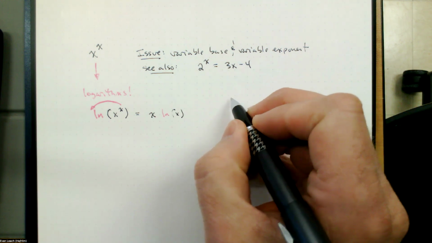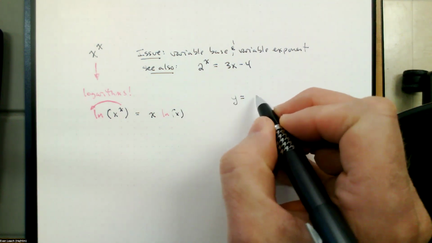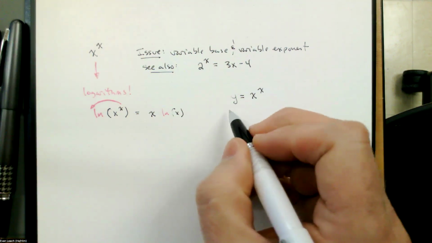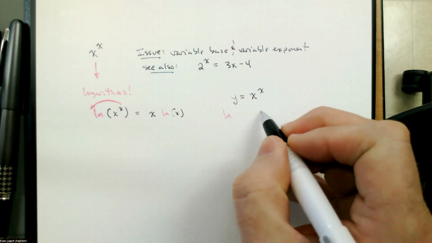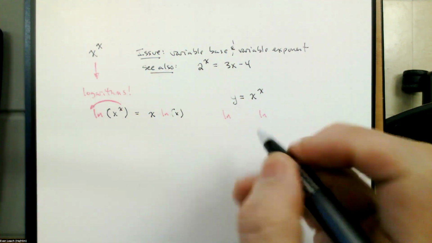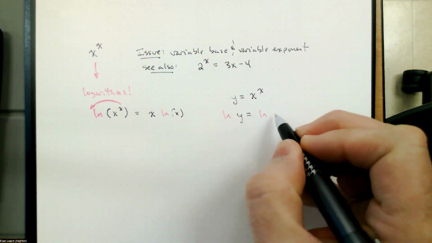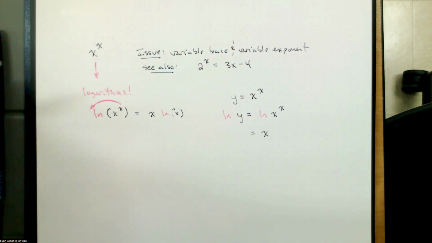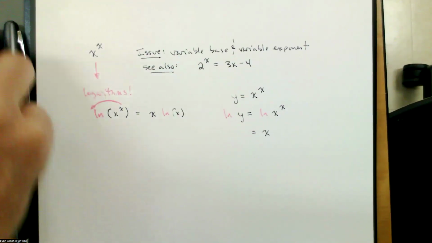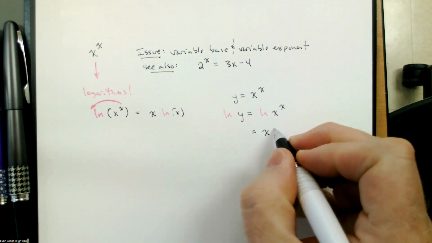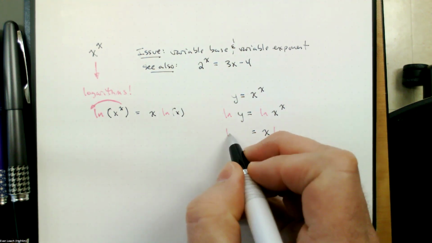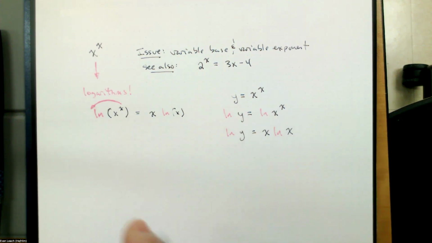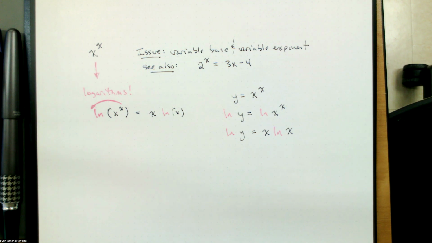So if we write the equation y equals x to the x, I can rewrite this with natural logs, but we have to do the natural log of both sides.